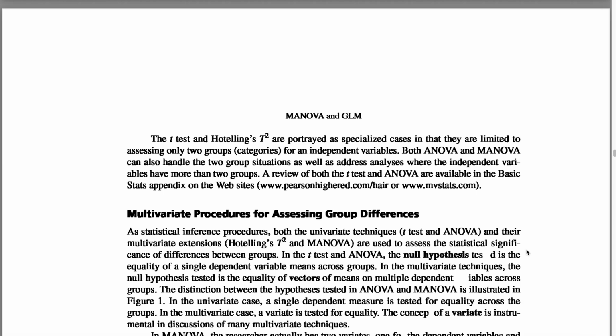Both ANOVA and MANOVA can also handle the two-group situation as well as analyses where the independent variable has more than two groups. A review of both the t-test and MANOVA is available in the basic statistics appendix on the website.